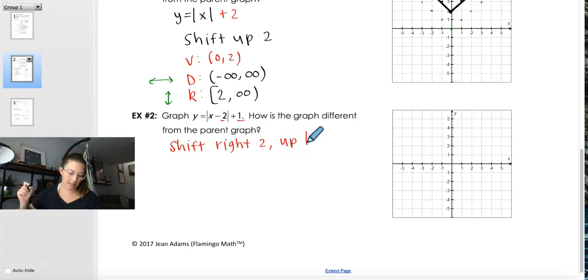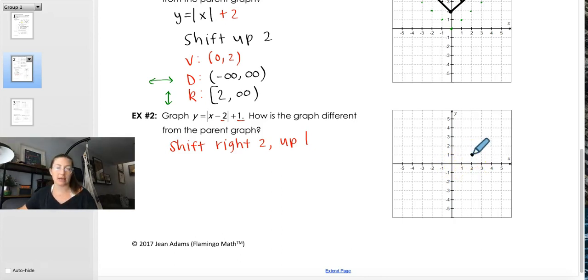So again, we can take that parent function and then take all the points and go right 2, up 1. Or an easier way, because we already know the pattern of these absolute values and there's no stretches or shrinks, we could just jump right to it. I know I'm going to go right 2, up 1.